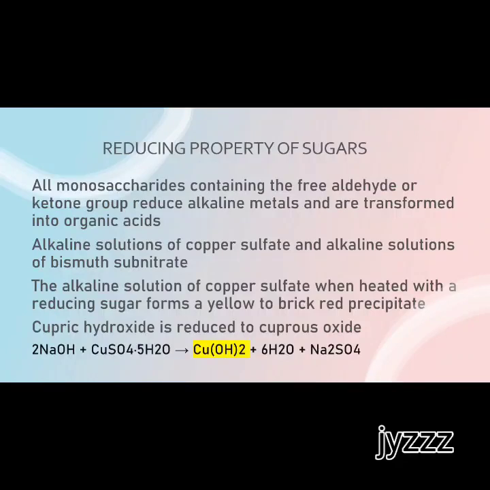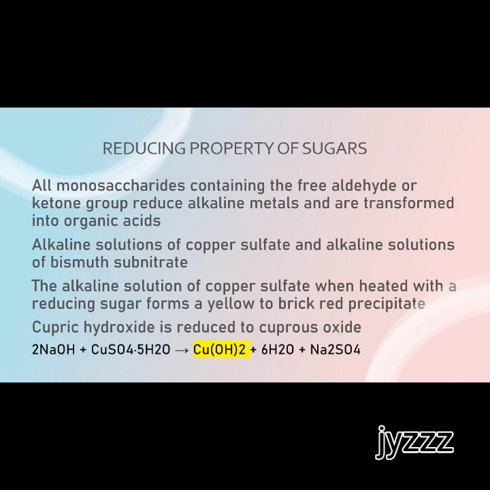An alkaline solution of copper sulfate, when heated with a reducing sugar, forms a yellow to brick red precipitate. In the presence of a reducing sugar in the solution, when heated, it will yield a brick red precipitate.